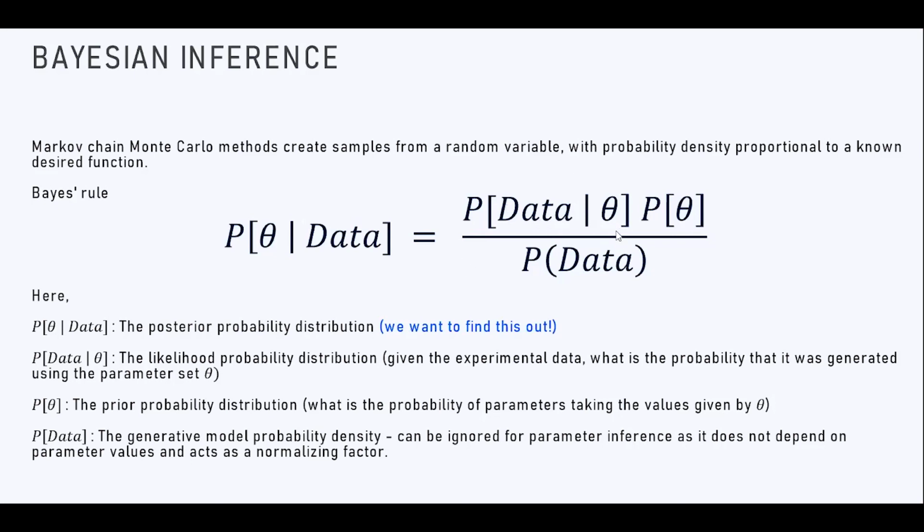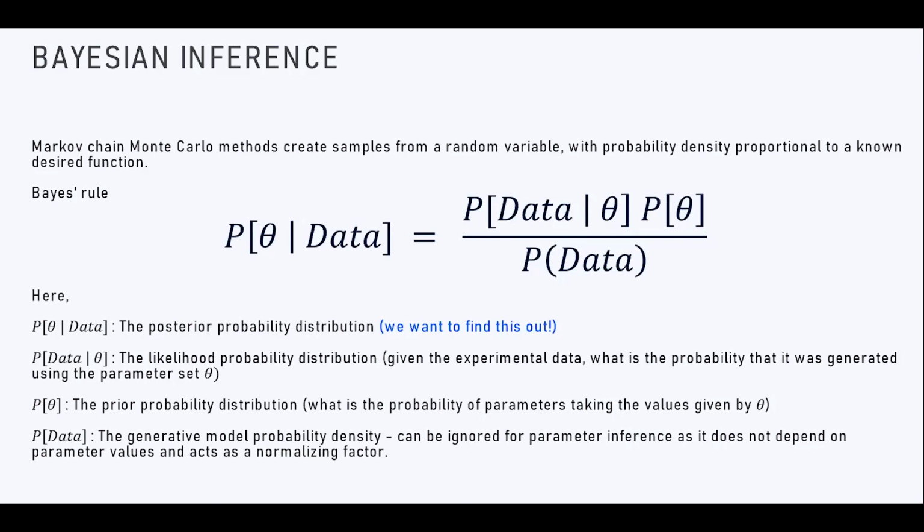The second term here is just the probability of the parameter set, so what's the probability that I see this parameter set, and that's called the prior probability distribution. Because this doesn't depend on data and is known prior to running this parameter inference, we give probability distributions to each parameter.